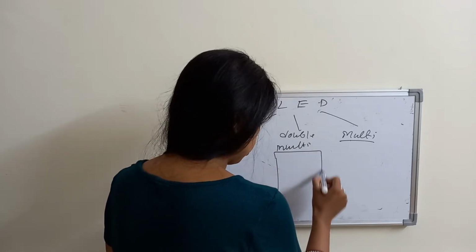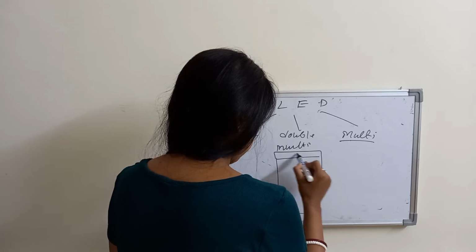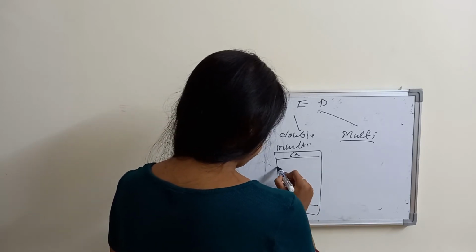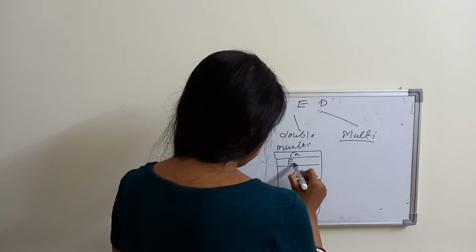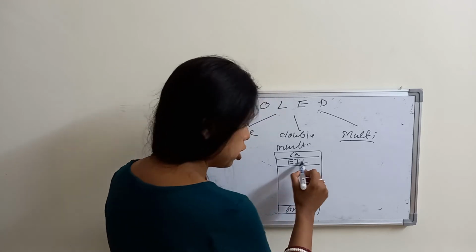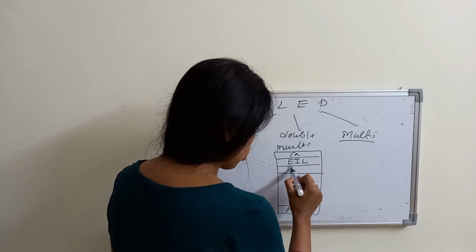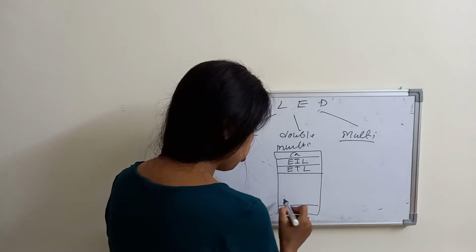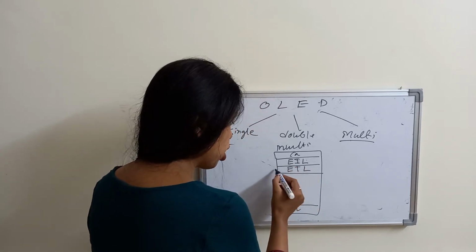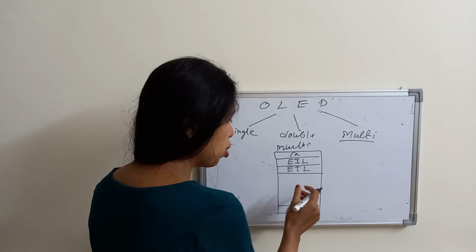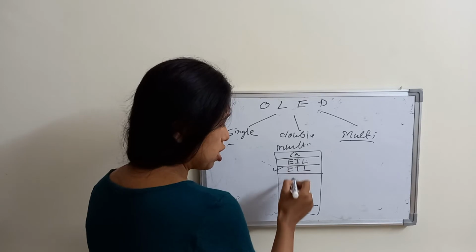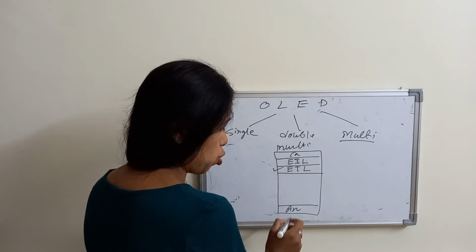So multiple layers are there: cathode, anode, electron injection layer, and electron transport layer. So injection layer and transport layer. Instead of the injection layer, we can only use the transport layer. In some devices, only a single layer is used. In some devices, both layers are used, say injection layer and transport layer.